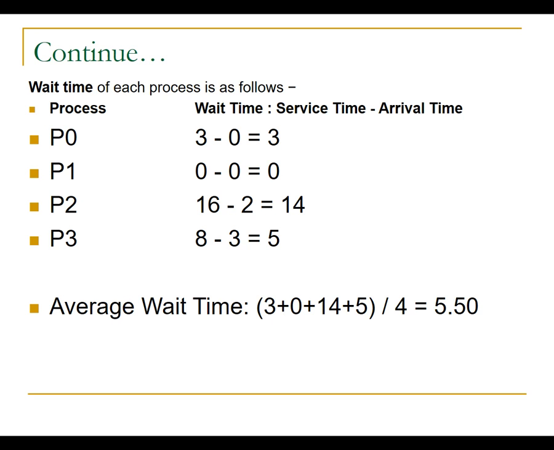The first shortest job is 0, then 3, or you can say the shortest job is P1, then P0, then P3, and lastly it executes P2. So from the entire batch of P0 to P3, the central processing unit executes P1 as a microprocess, P0 and P3 as minor processes, and P2 as a major process.